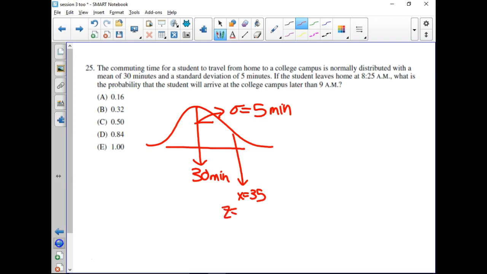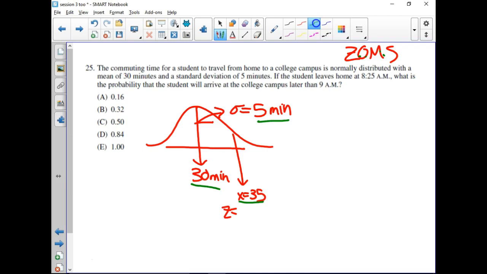Close. Observation, it's ZOM. That's my acronym for my class. Your observation, so this is the observed effect right here, minus the mean, so O minus M, observation minus the mean, divided by my standard deviation.